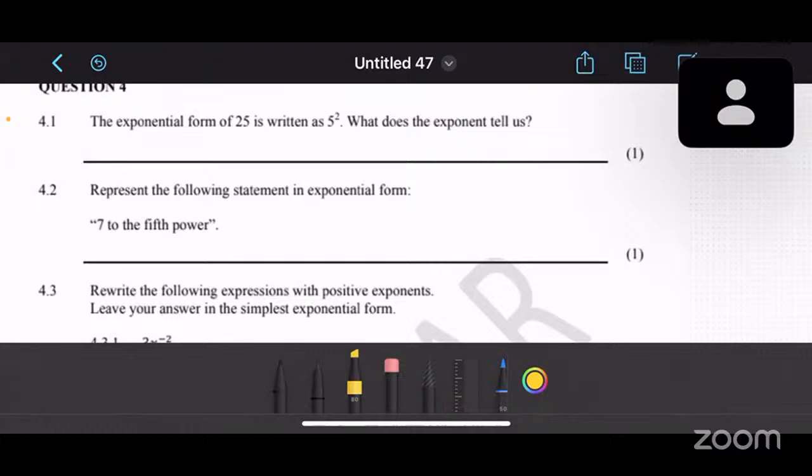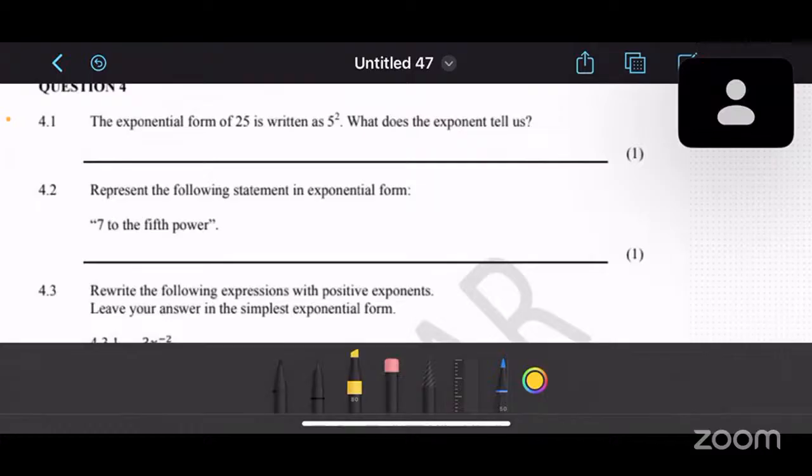Ma'am, that 5 was multiplied by itself twice, ma'am. What does exponent tell us? Ma'am, I think it tells us that 5 was multiplied by itself twice, ma'am.